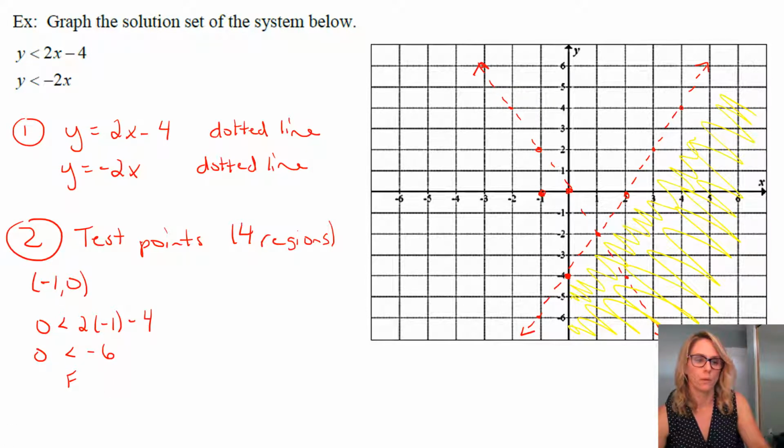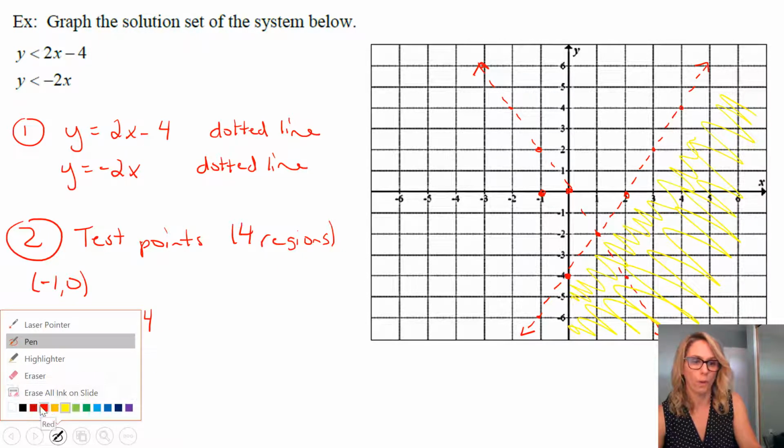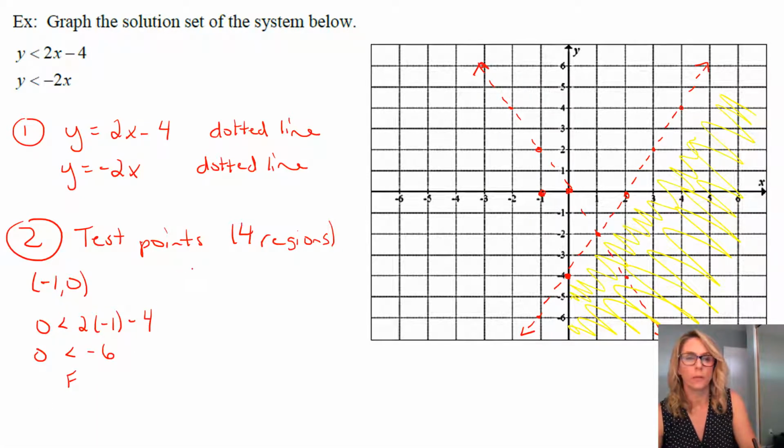Then I will try the same point in the other inequality that we have there. So I put 0 is less than negative 2 times negative 1. Is 0 less than 2?